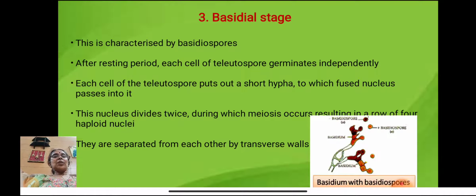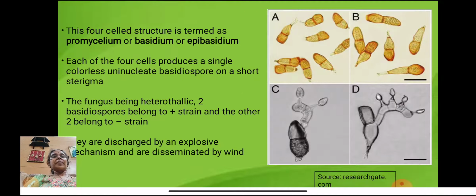This nucleus divides twice, during which meiosis occurs, resulting in a row of 4 haploid nuclei. As there are 2 cells and each cell divides, you have a total of 8 haploid nuclei, 4 in one cell and the other 4 in the other cell. They are separated from each other by transverse walls.